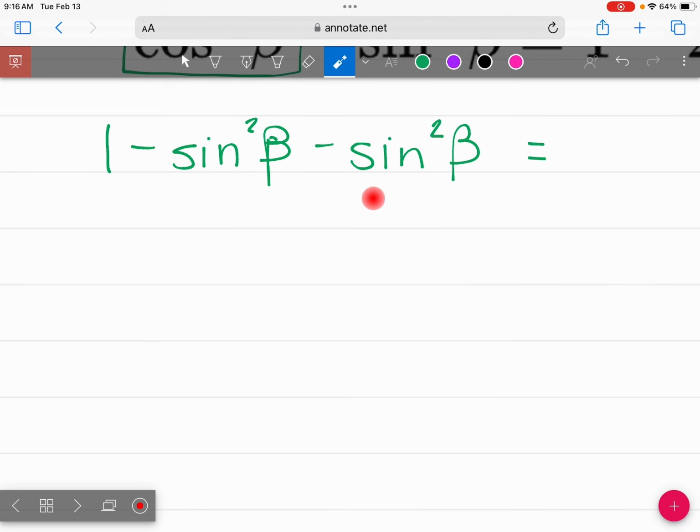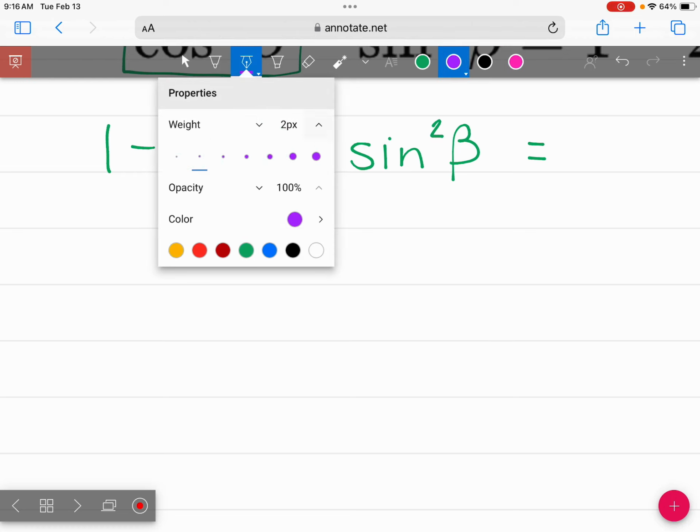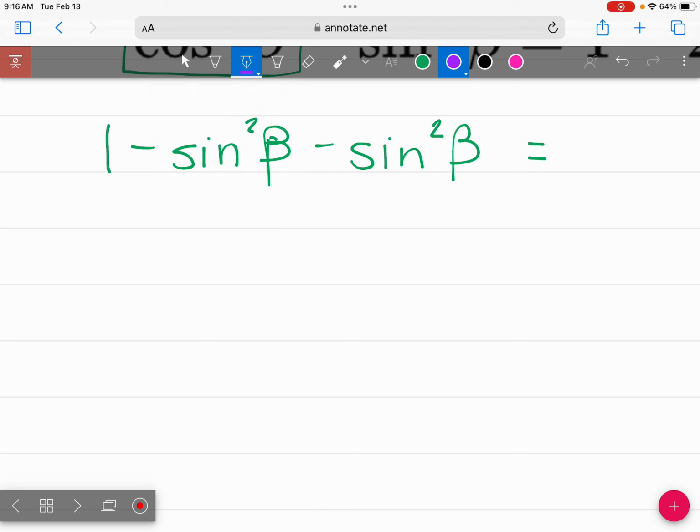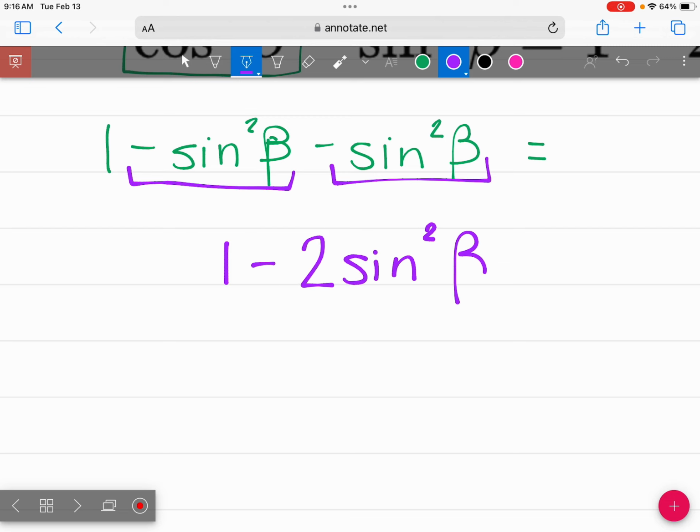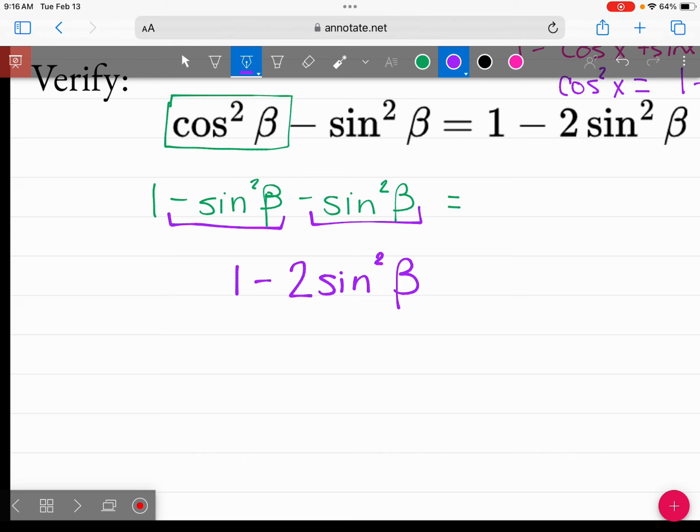Now what can I do with this? We're going to combine some like terms here. I've got minus 1 sine squared of beta, minus 1 sine squared of beta. So I have 1 minus 2 sine squared of beta, which is exactly what my right-hand side was originally.